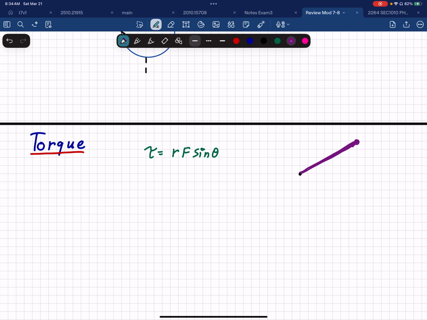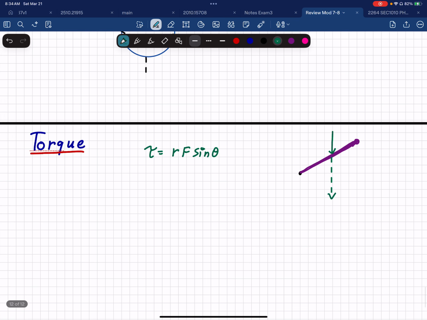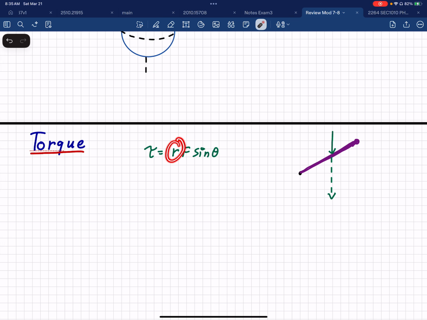So the object is like this. Now if the force is applied on this point, which I can extend like this, the R that you see here, you will not take the entire length.